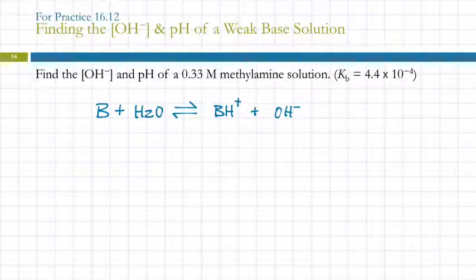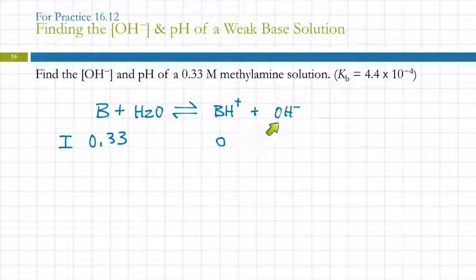So we're going to do an ice table here. The initial concentration of the base was 0.33, and the initial concentration of BH plus would be 0, because it hasn't had a chance to do anything yet. And the hydroxide ion concentration, the only thing present would be from the autoionization of water, and we're going to assume that that's so small it doesn't matter.